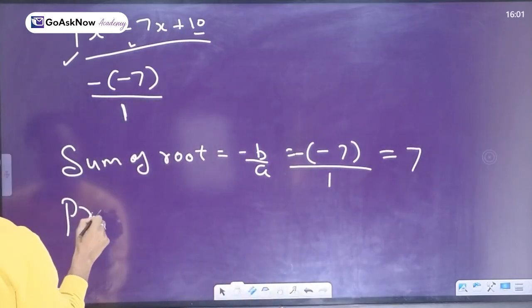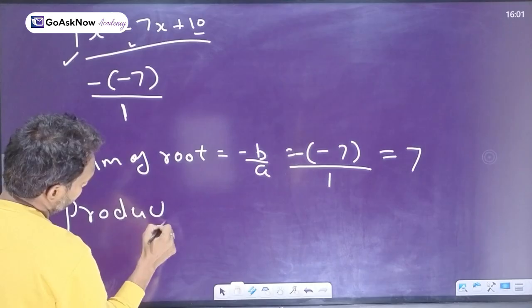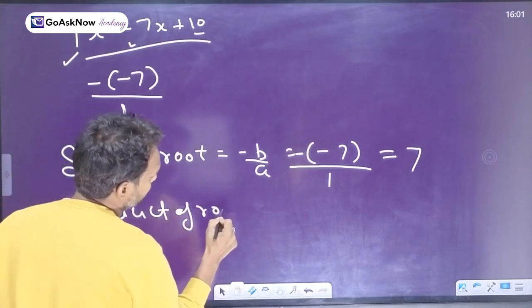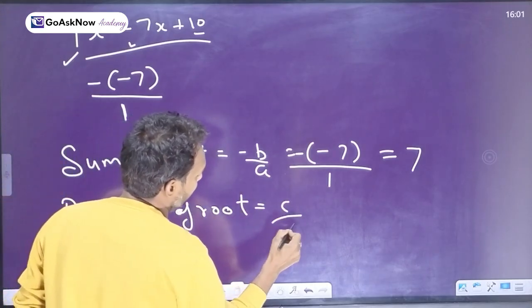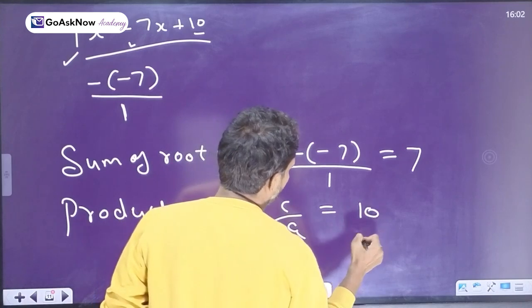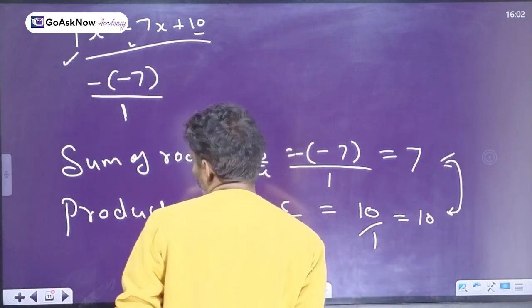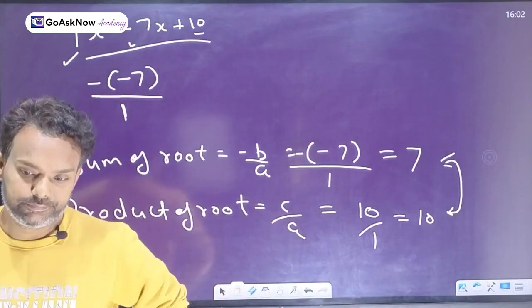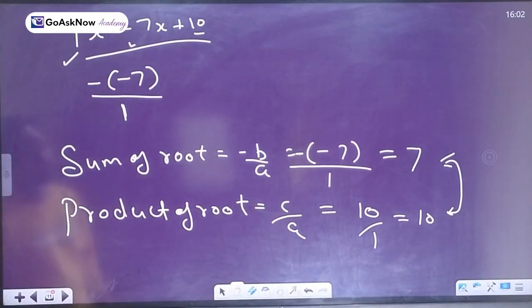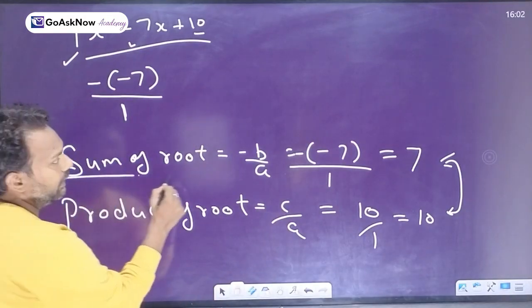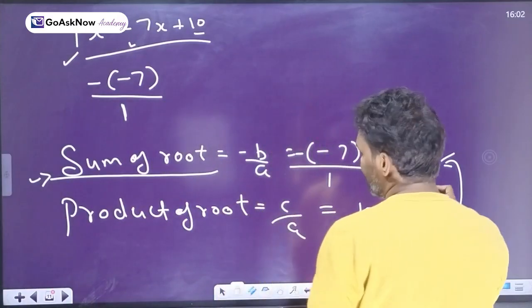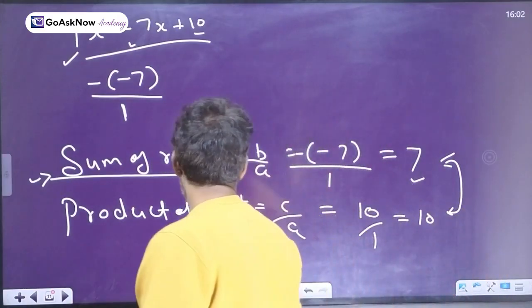Also, what is product of roots? That's c upon a, that's 10 upon 1, and that's 10. So we don't need to find out the roots here. Just by property, we can show that sum of roots is minus b upon a, means 7, and product of roots is c upon a, that is 10.